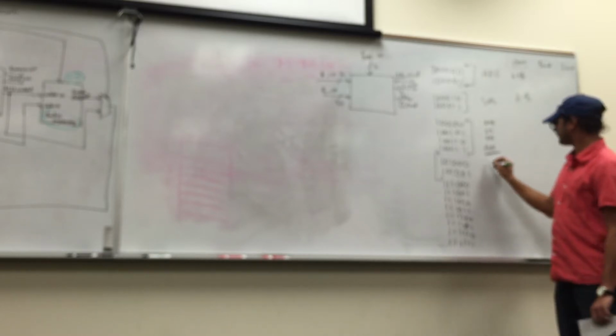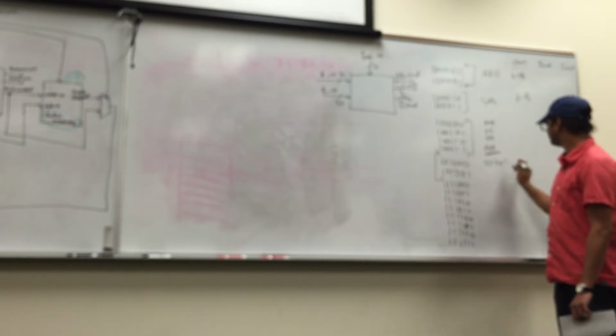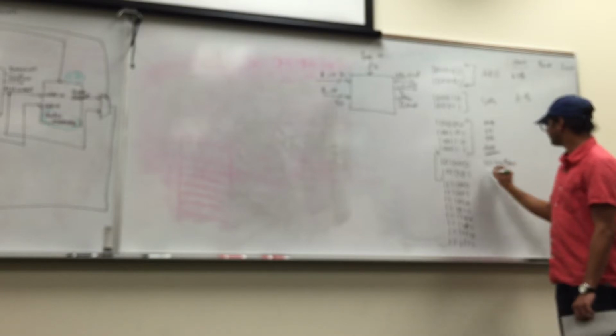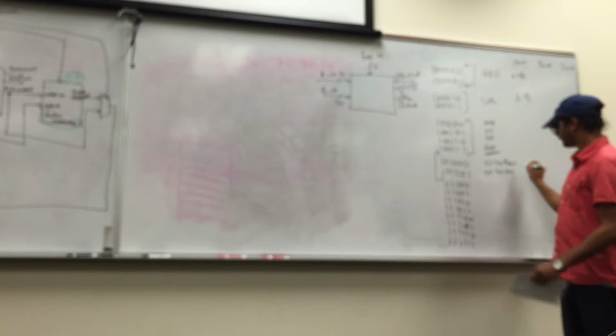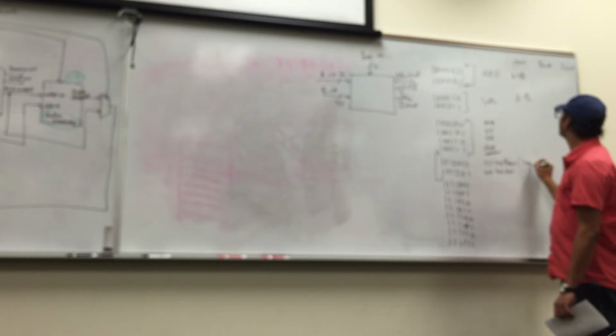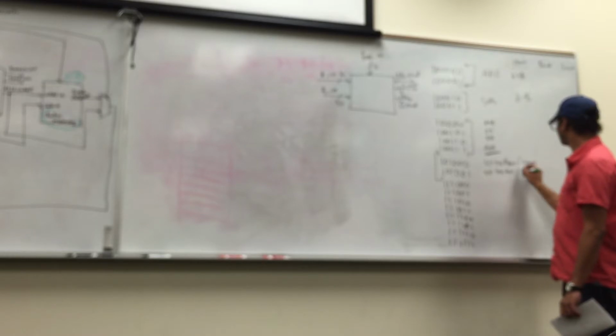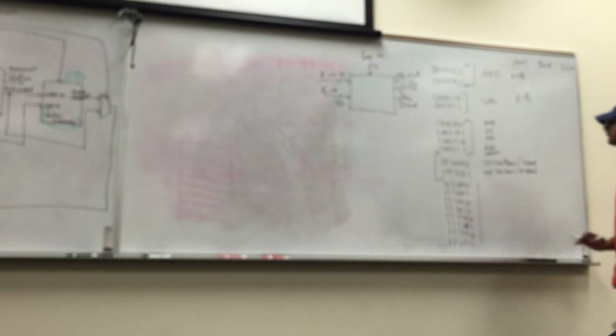So set less than, signed, and unsigned. And okay, let's come to the branch instructions later.